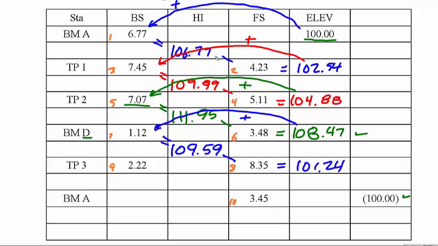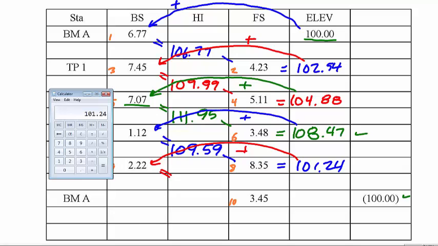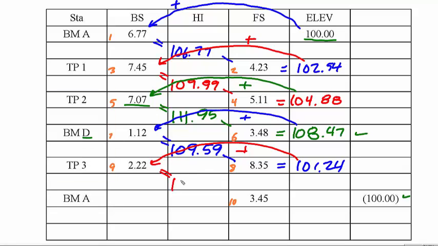One more time, I'm going to add that backsight elevation to the backsight reading, and that gives me plus 2.22, a result of 103.46. And when I subtract 3.45, I think you can do this in your head, I get a result of 100.01.